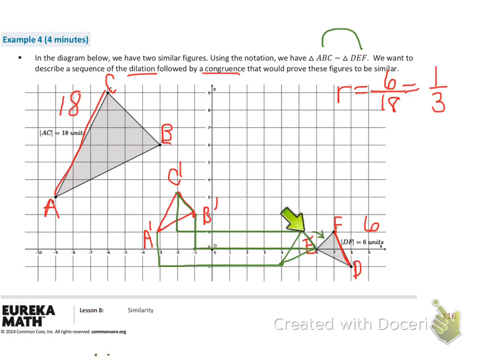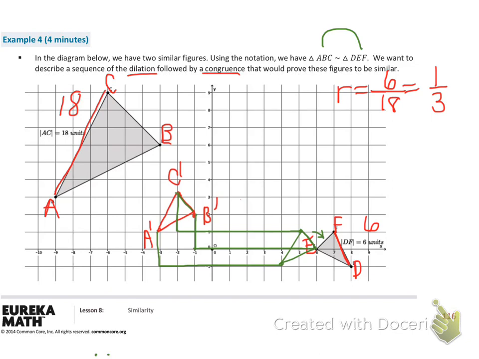So I've got B prime, C prime mapping to EF, and then I can translate across EF, and then it's mapped on. We're moving through these examples, trying to move through quickly.